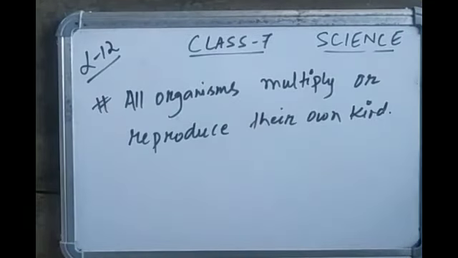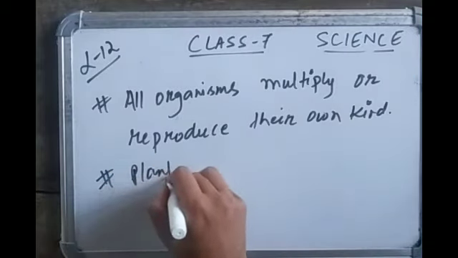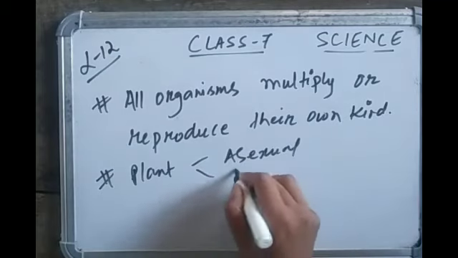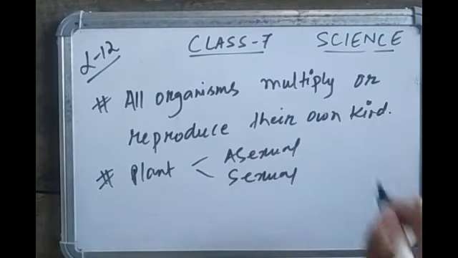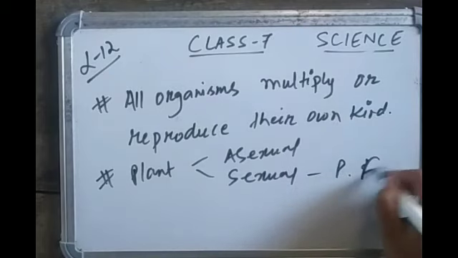There are two types of reproduction: asexual reproduction and sexual reproduction. Asexual reproduction includes vegetative propagation, budding, fragmentation and spore formation. Sexual reproduction includes pollination and fertilization.